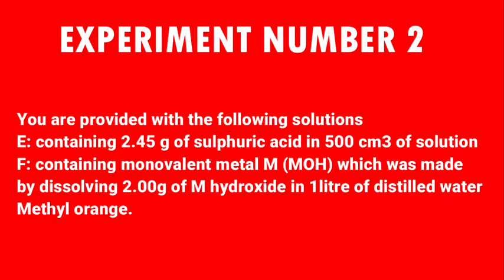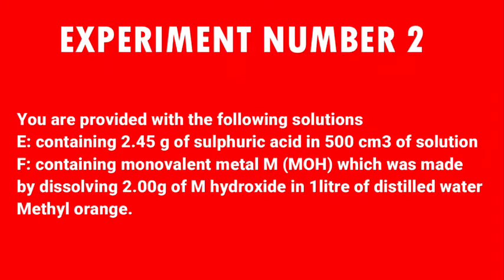Solution F contained monovalent metal M hydroxide, which was made by dissolving 2 grams of metal hydroxide in a liter of distilled water. In that case, according to our solution F, we are required to determine the metal M and to identify the name of that element in that compound of metal hydroxide.